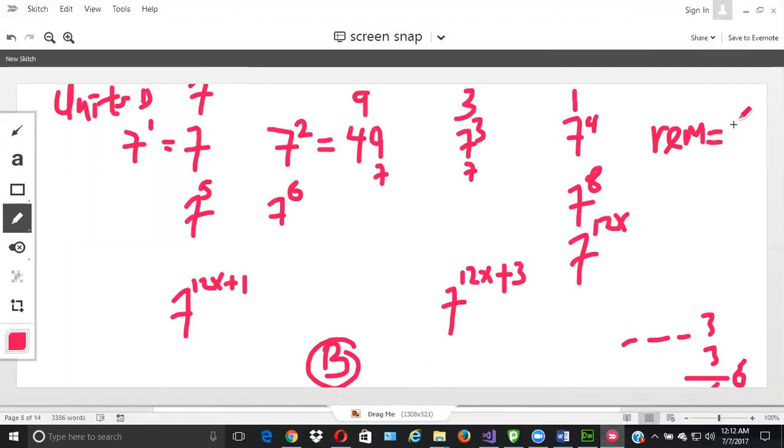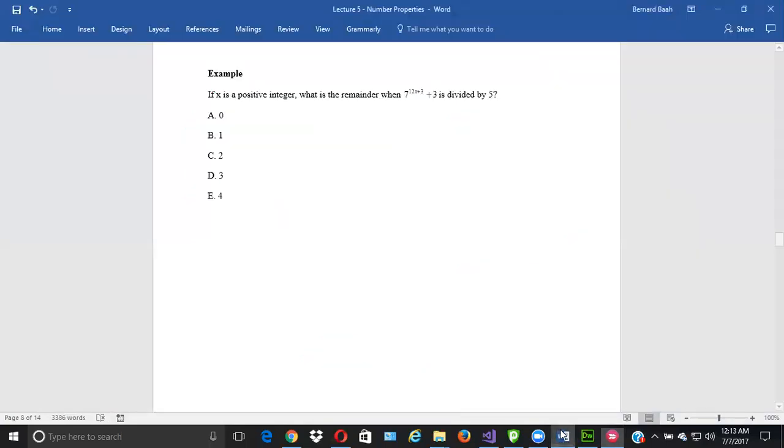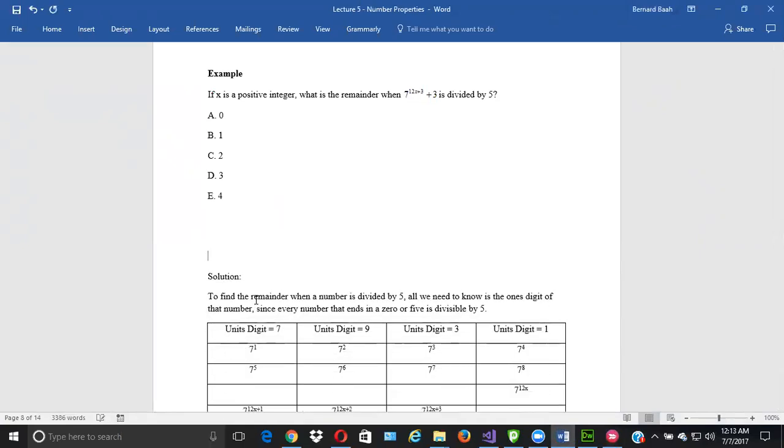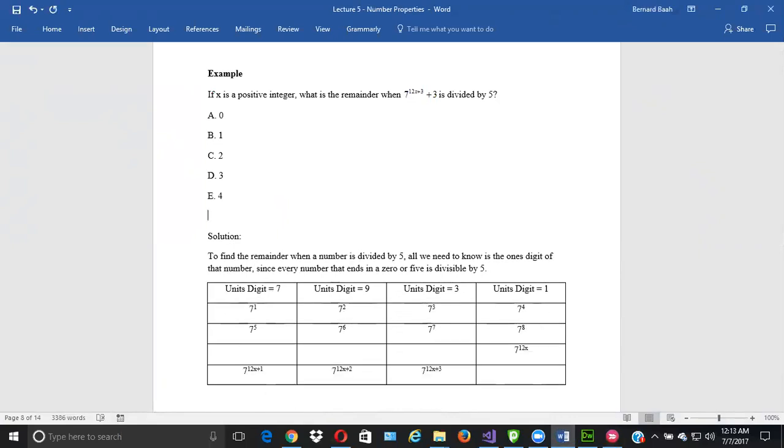And I'll just show you a more detailed solution here. Essentially, what I've shown here is that if you generate the unit digits of the powers of 7, you will get this cycle of unit digits 7, 9, 3, 1.